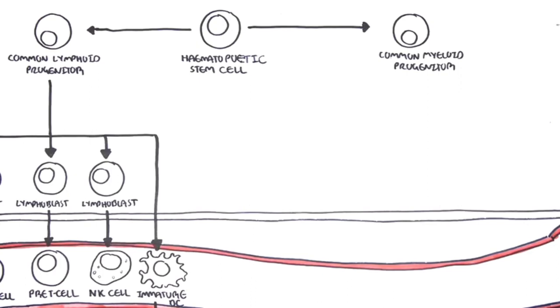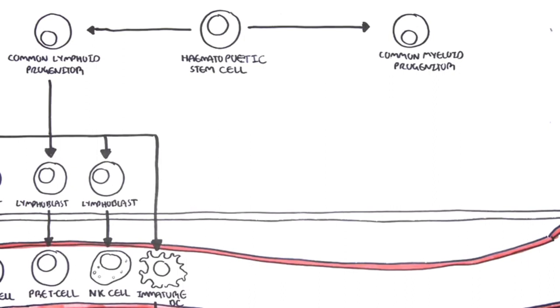Now let's look at common myeloid progenitor cells. It is important to know the outcome of these lineage cells that can circulate in blood. So again, from the hematopoietic stem cell, it can become a common myeloid progenitor cell.